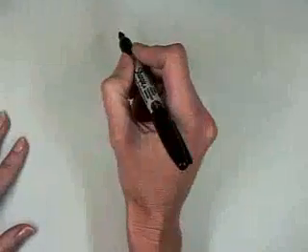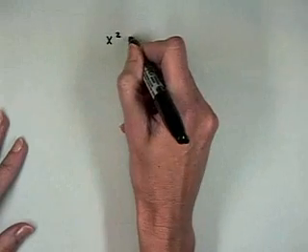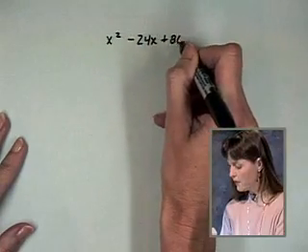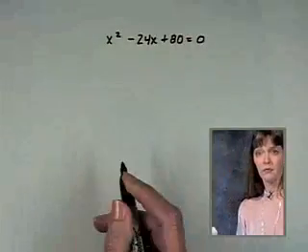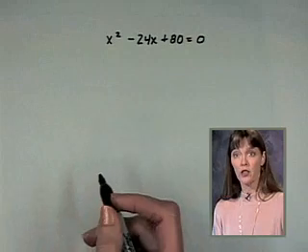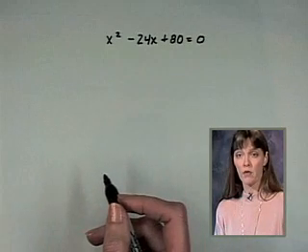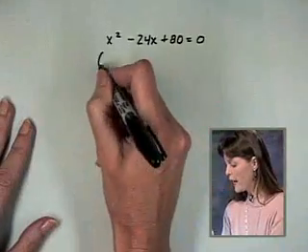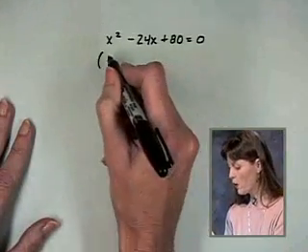Again, rewriting the equation, we have x squared minus 24x plus 80 equals 0. Since this is a quadratic equation, what we would next try is to look and see if we can find a factorization of that quadratic since it's set equal to 0. The factors of 80, 4 times 20, are going to work here.